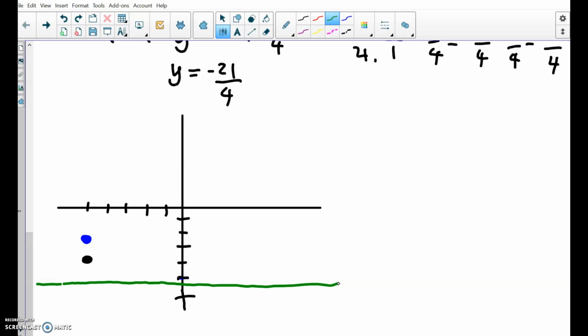If I wanted to make this a really good picture, I would find my x-intercepts and the y-intercept. But they just wanted a sketch, so I'm not so worried. I know this opens up. I have my focus and my vertex, so it's going to be something like that. Sorry, I ran off a page, but some sort of parabola looking like that.